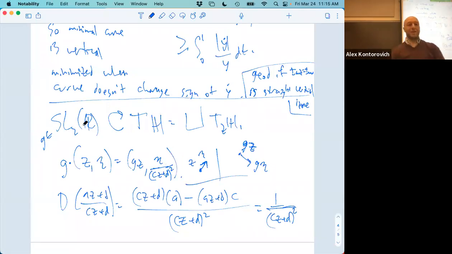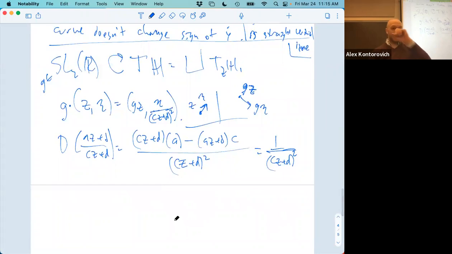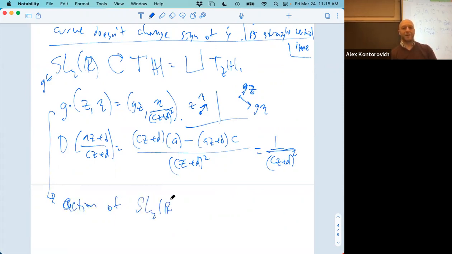And I claim that this action of SL2R doesn't change lengths. Just the chain rule. If you think about eta representing a little translation in that direction, then it's the same translation, but just how g is acting on both of these and moving things a little bit.